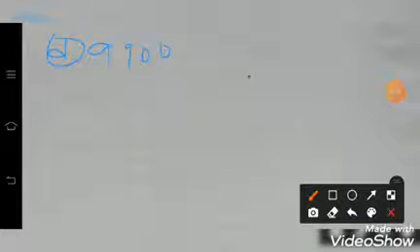Now let's see again question number D, 9900, whether this number is a perfect square or not.